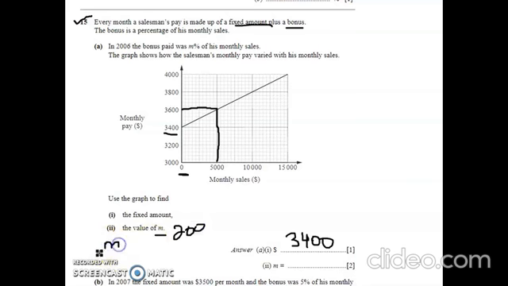So M upon 100, we don't know the percentage, that is why we are keeping that as M, of 5,000 monthly sales is 200. 200 multiplied by 100 divided by 5,000. That is 4. So the value of M is 4.